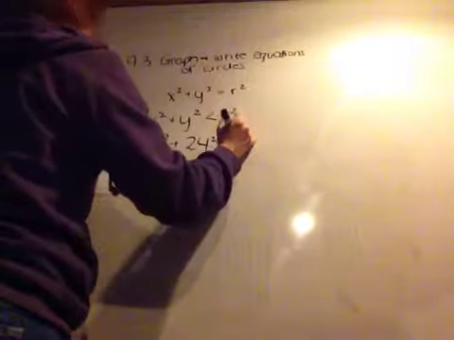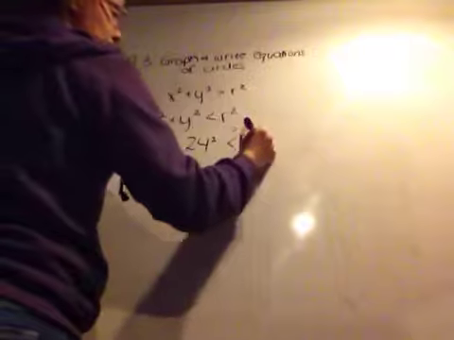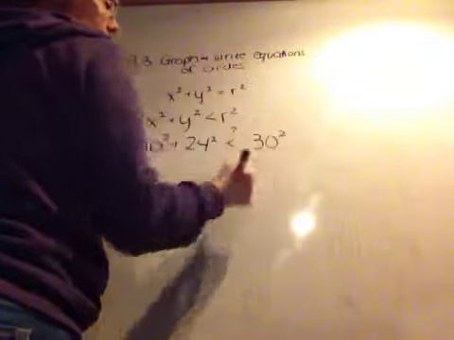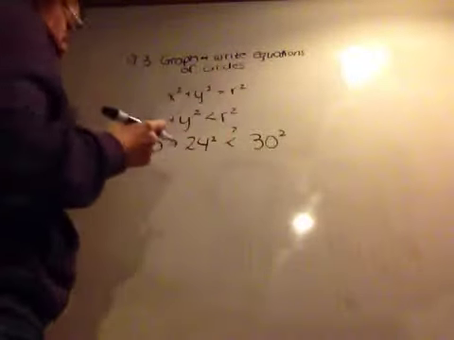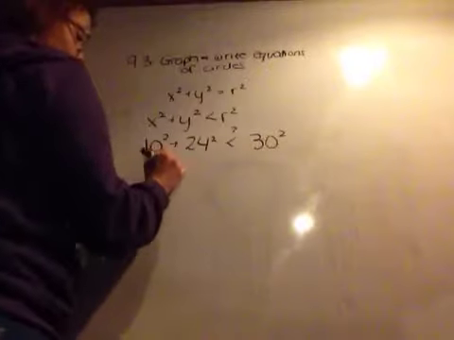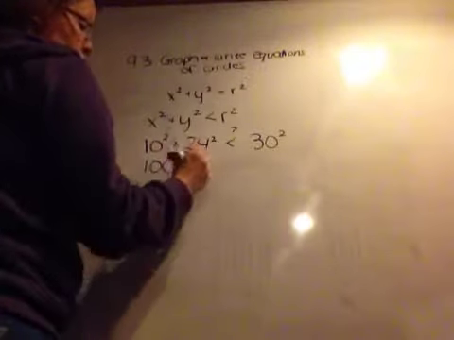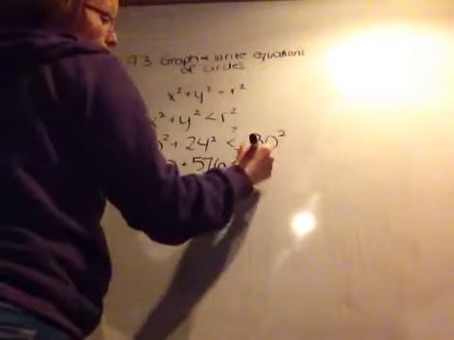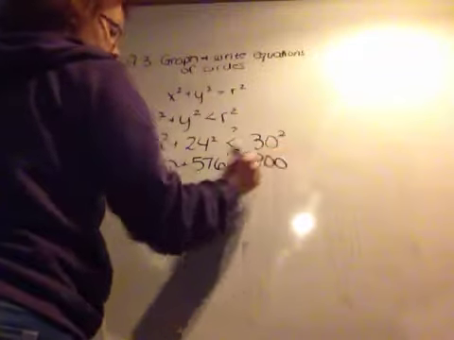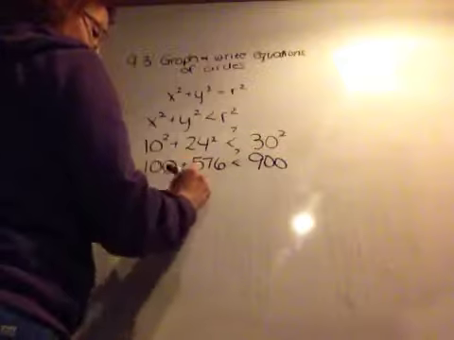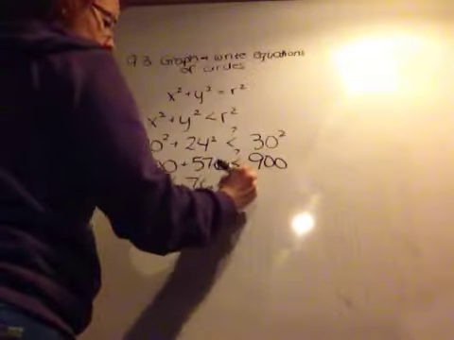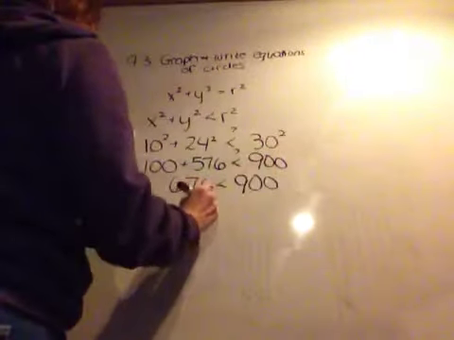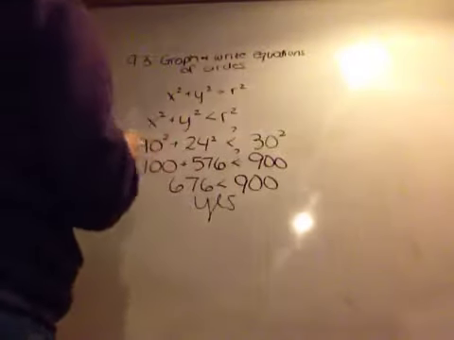And we want to know if that's less than our radius, 30 squared. So 10 squared is 100, 24 squared is 576, 30 squared is 900. If we add these together, we get 676, which is less than 900. So our answer is yes.